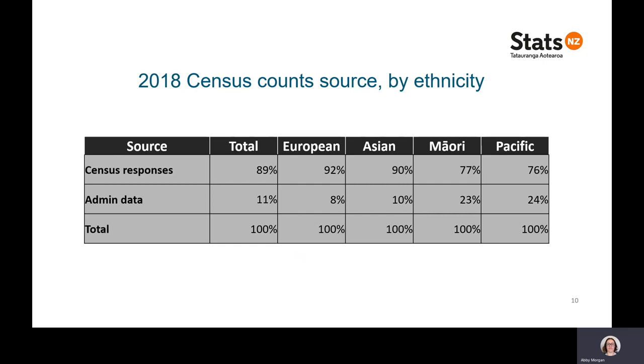When we've assessed this against benchmark population distributions and done some sensitivity analysis, we've found that this indicates the results are close to what we would expect. Admin data does include many people who are typically hard to count through census field collection and makes a significant quality improvement over our previous census methods for non-response adjustment.